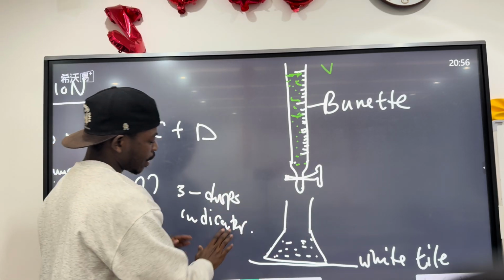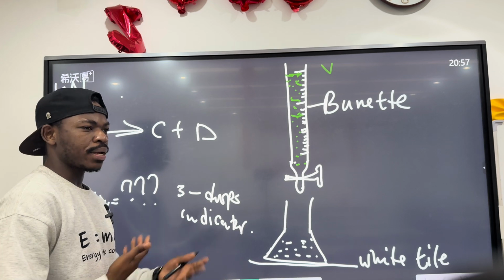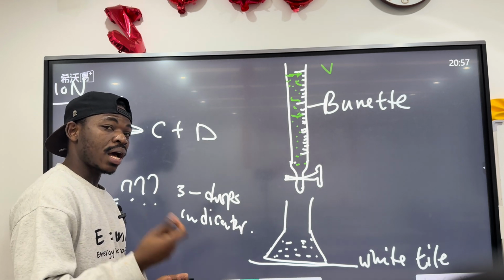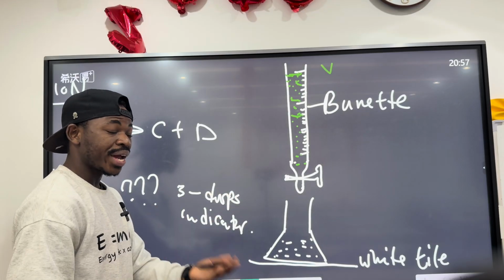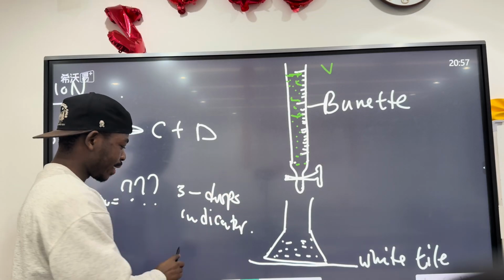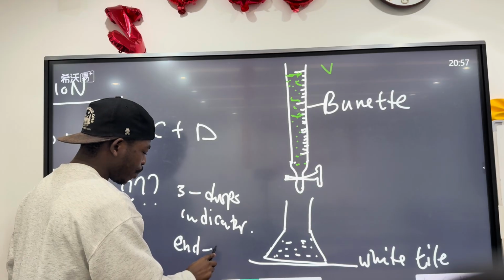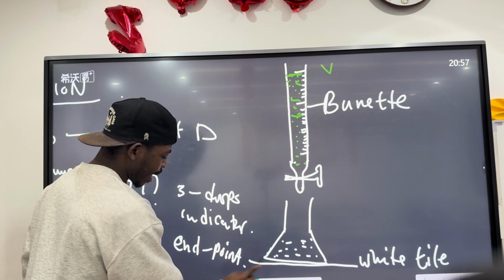So we use indicators to help us know when the reaction comes to a stop, because once they change color, we will know that the reaction has ended. They are able to indicate what we call the end point of a reaction.